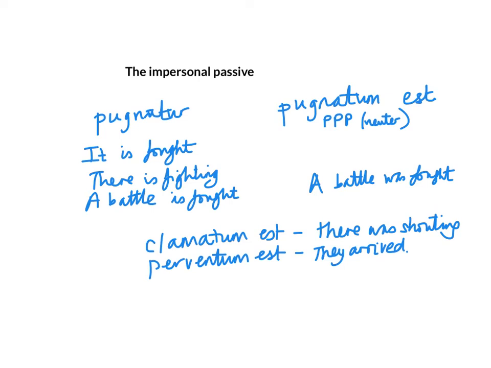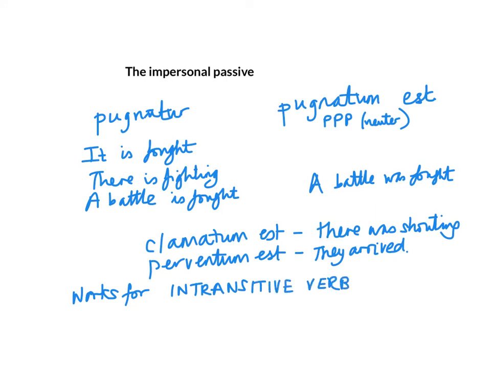Now, the impersonal passive is relatively rare because it doesn't work with most verbs. But the sort of word that it works for are intransitive verbs. Now, an intransitive verb is a verb which doesn't have a direct object.